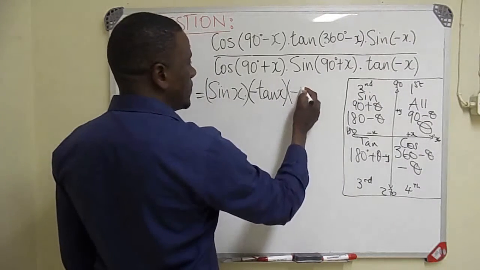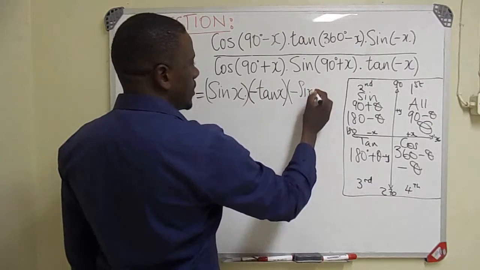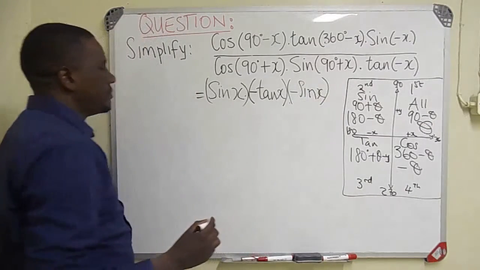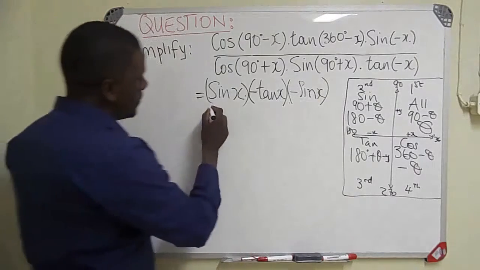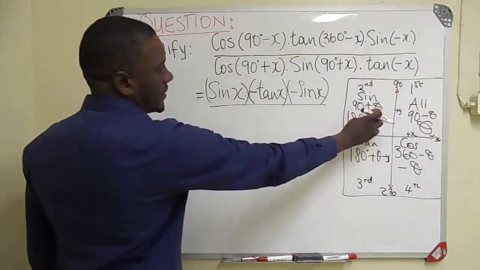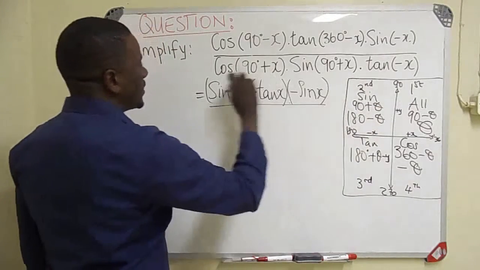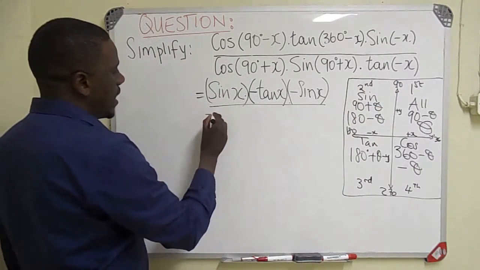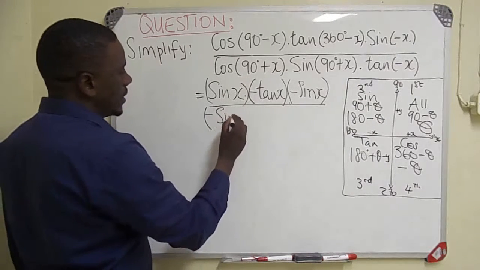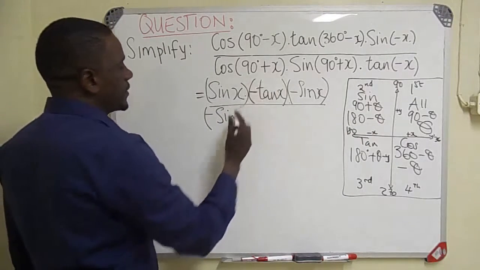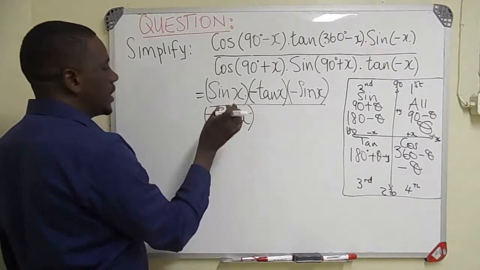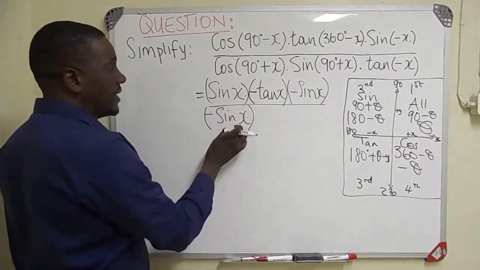So it's negative sine x, over this angle here, which is in the second quadrant, and cos is negative. So it's negative sine, reference angle x. So this is equivalent in terms of sine.